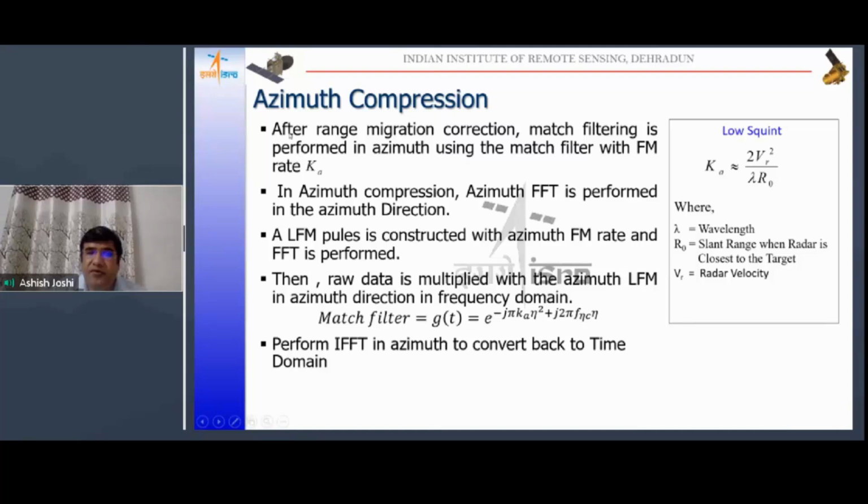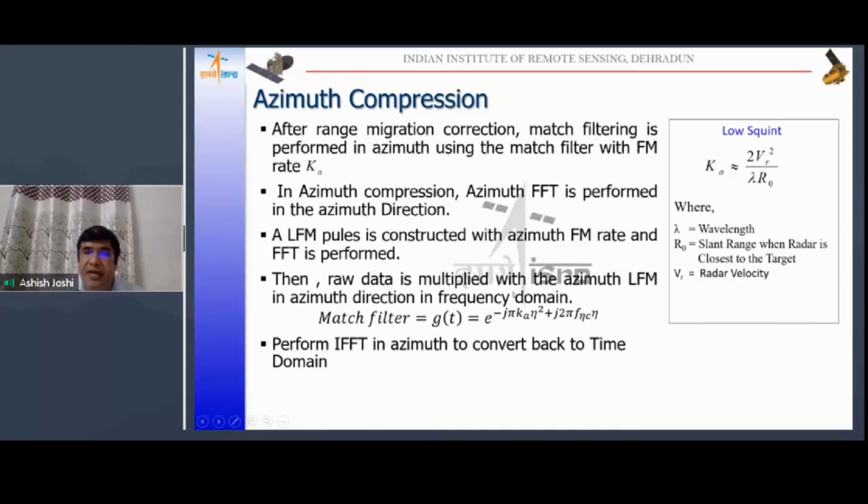So in the azimuth compression, after the range migration correction, matched filtering is performed in azimuth using the matched filter with FM rate K. In azimuth compression, azimuth FFT is performed in the azimuth direction. An LFM pulse is constructed with the azimuth FM rate and FFT is performed. So after the RCM correction, azimuth FFT is performed in the azimuth direction.